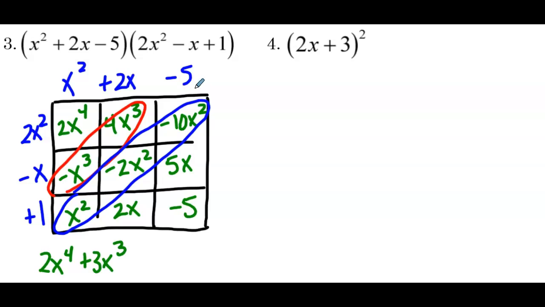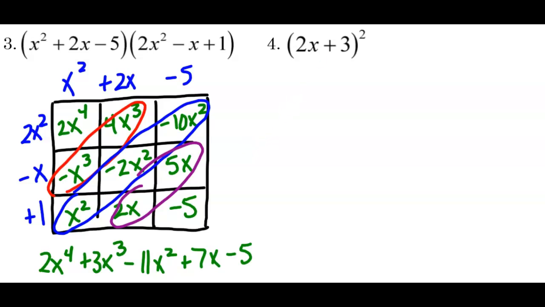And it's really nice when they happen on the diagonal like that. It doesn't always happen. Minus 11x squared. And we have our 2x terms there. So that's plus 7x. And then our constant term of minus 5.